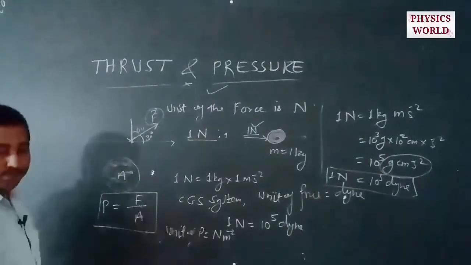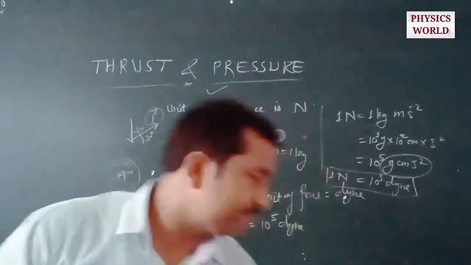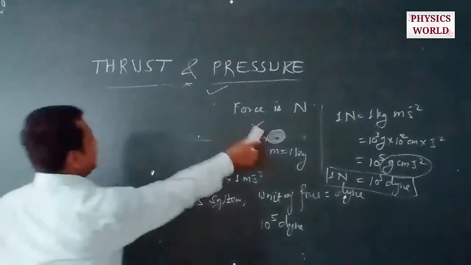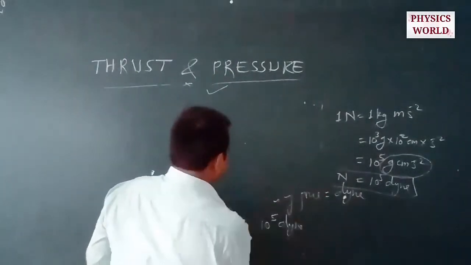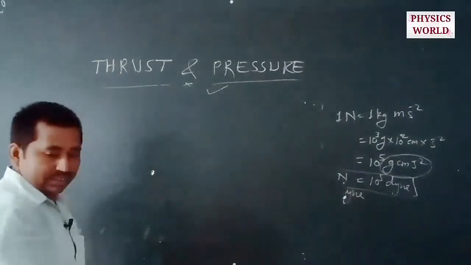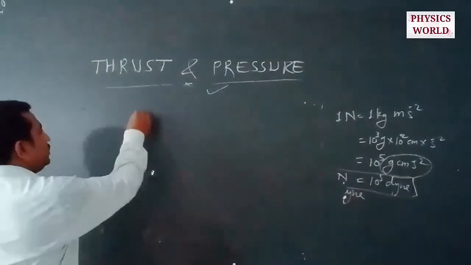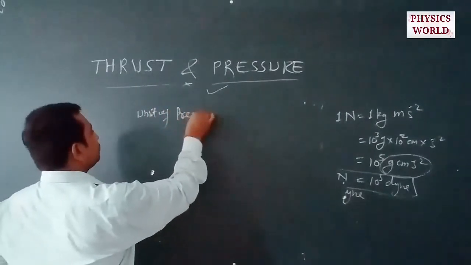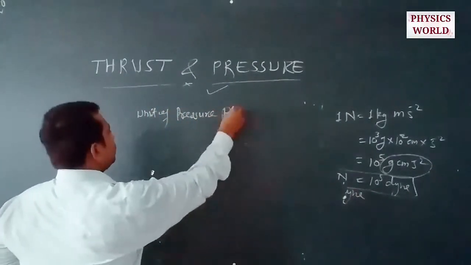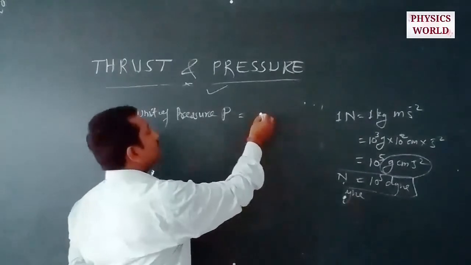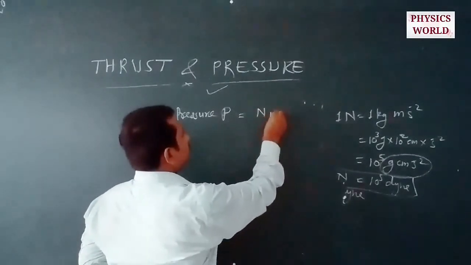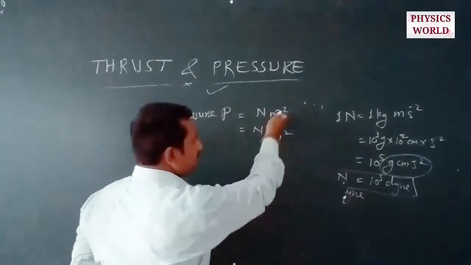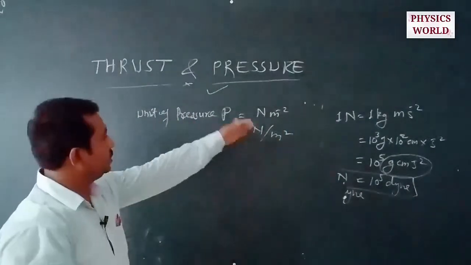It means if we write the unit of this pressure in kilogram, meter and second, then we get the unit of pressure P is equal to Newton per meter square. This can be written in both types.